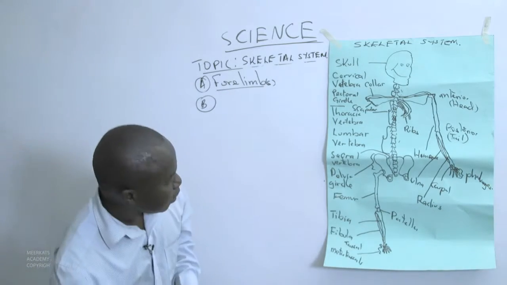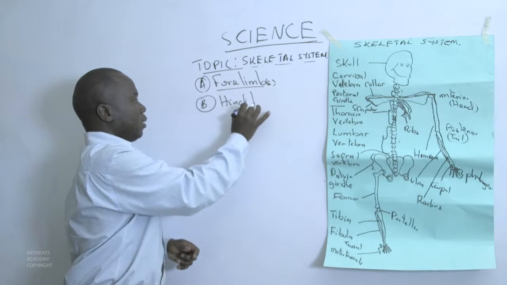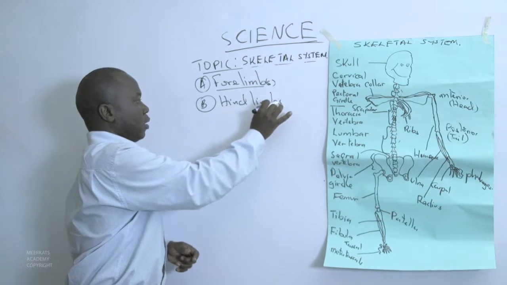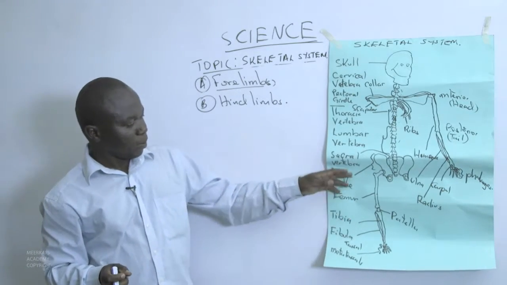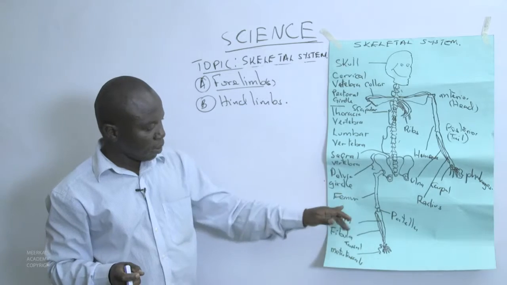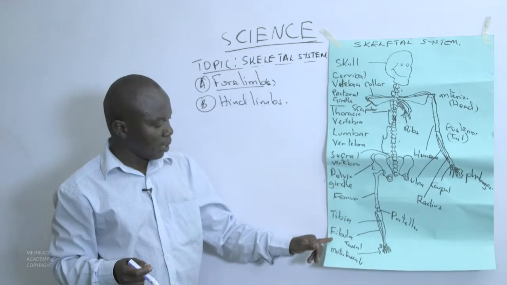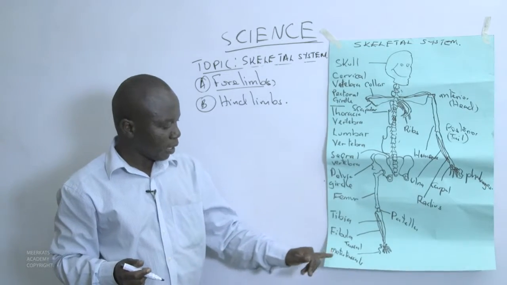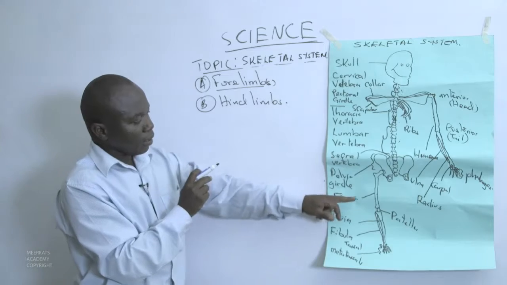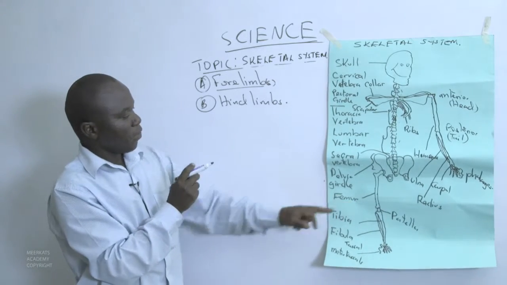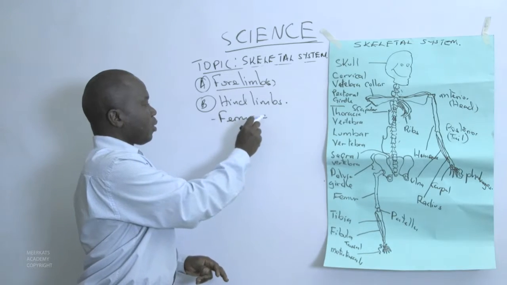The other part is the hind limbs. The hind limbs are made up of several bones. We have the femur, patella, tibia, fibula, tarsals, and metatarsals. Just like the humerus, the femur is one of the largest bones.